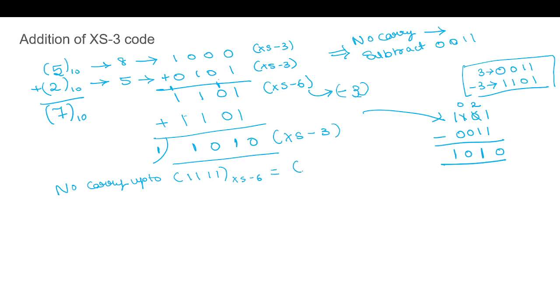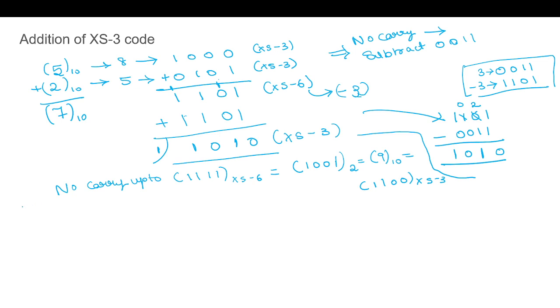It is 6 times more. So it is 9 in binary and 9 in decimal. And if you want to convert that to excess 3, it is 12. So till here, there won't be any carry.